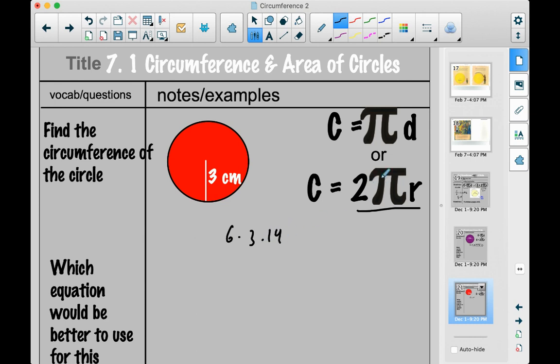If you plug it in here, it would be 2 times 3.14 times 3, and the 2 times 3 gives you the 6, so it's the same thing. So if I plug into my calculator 6 times 3.14, I get 18.84, and it's measured in centimeters.